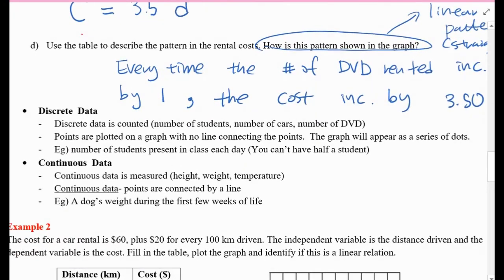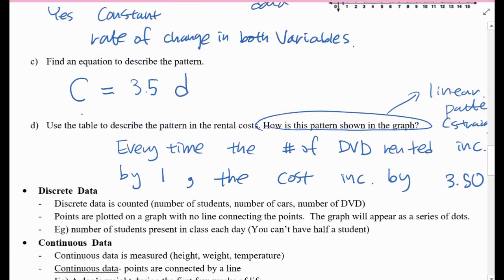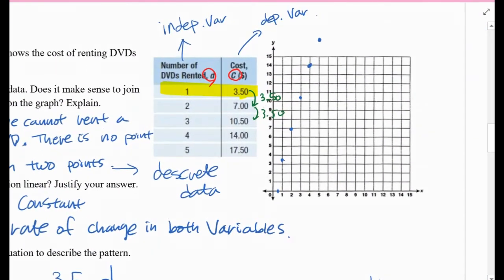Here we're going to learn about discrete data and continuous data. Discrete data is countable. This one is discrete data. You did not join the points. The number of DVDs is countable.